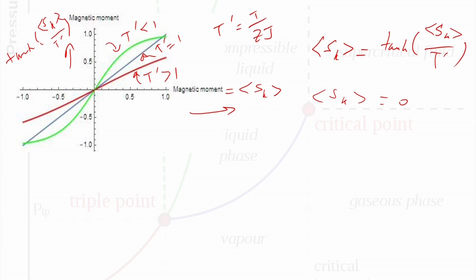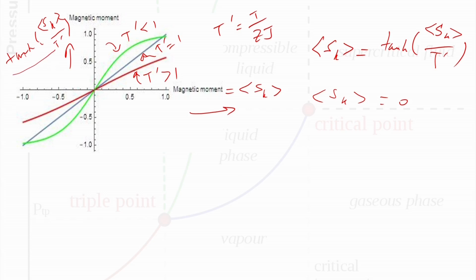If this T dash temperature is greater than 1, it is not going to touch this. This blue plot is just the straight line, which is S equals S. So that's the reference.